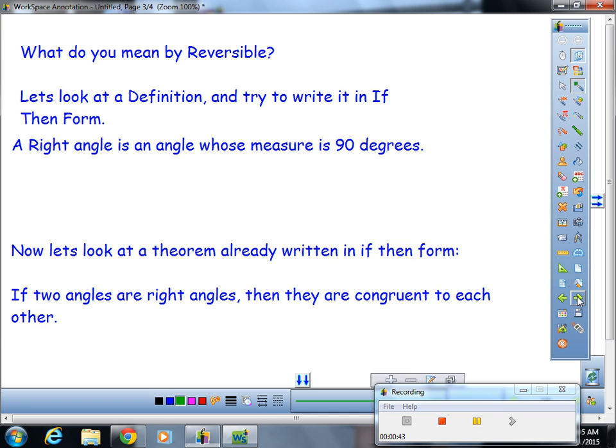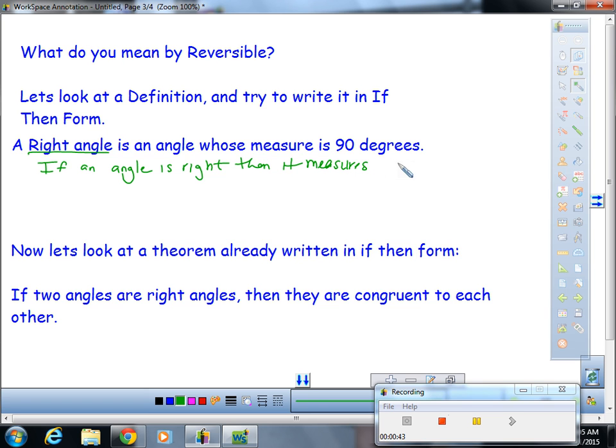Well, a definition is said to be reversible. Okay? Here is a definition. A right angle is an angle whose measure is 90 degrees. So, what if I wanted to write that in an if-then form? If an angle is right, then it measures 90 degrees.